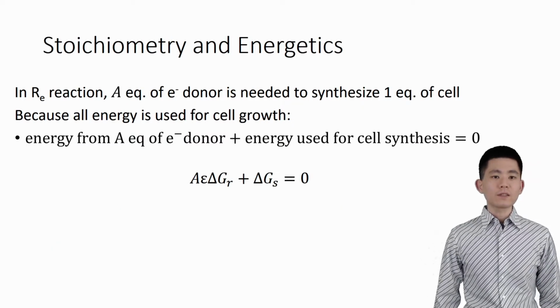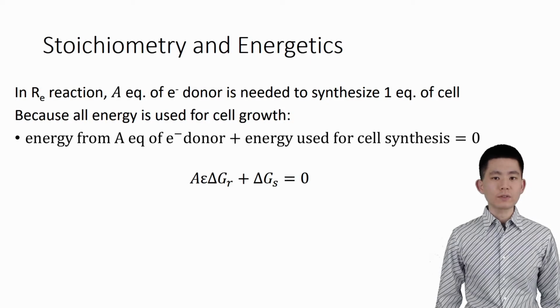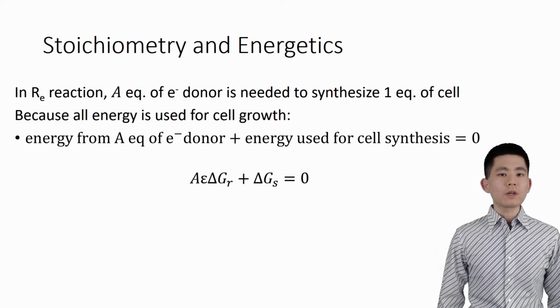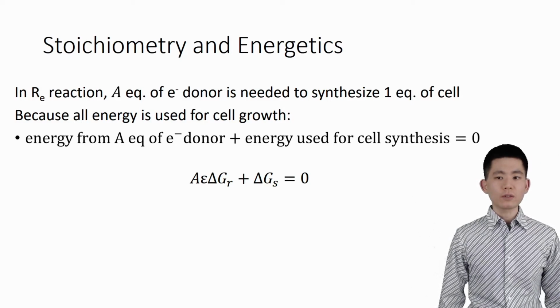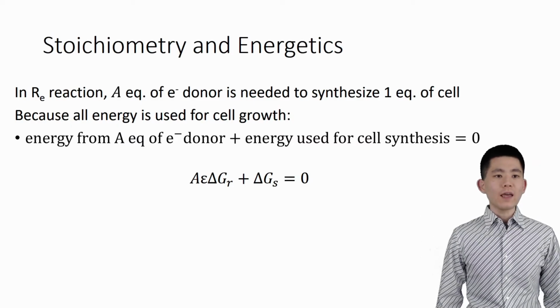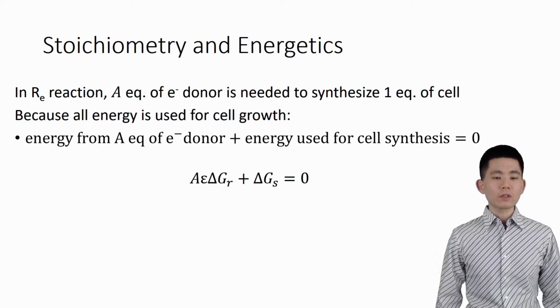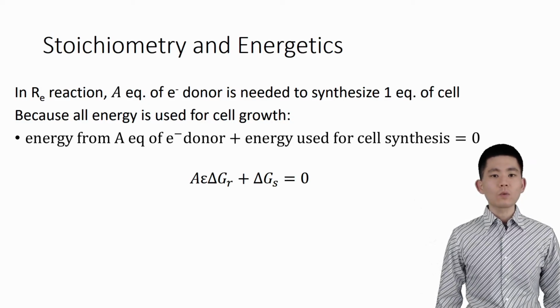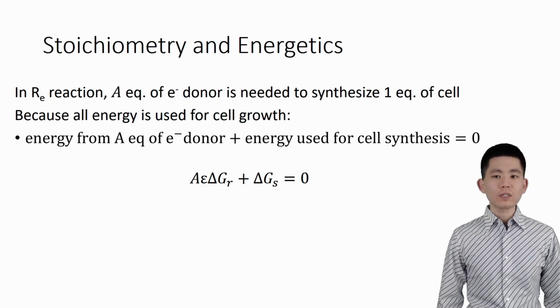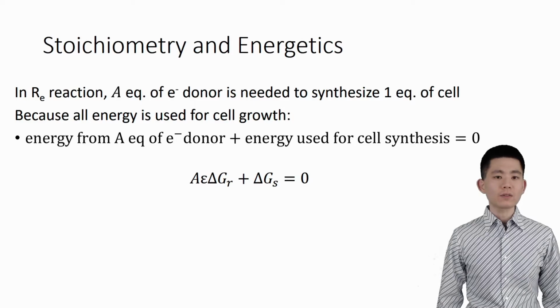We looked at the energy transfer for cell synthesis. We can now switch our perspective to the energy reaction, Re, and the energy generation from electron donor degradation, delta Gr. We can define that A equivalent of electron donor is needed to synthesize one equivalent of cells. Because all the energy is used for cell synthesis, we can write this energy balance.